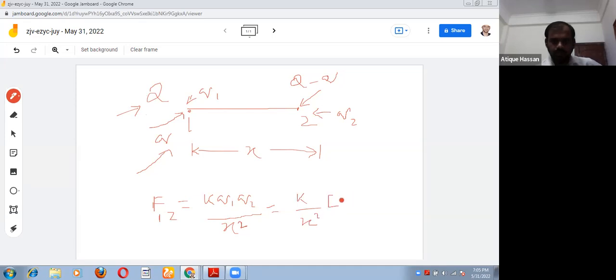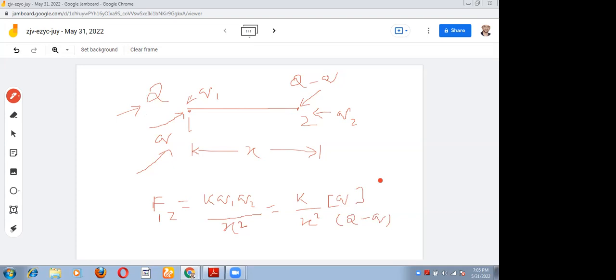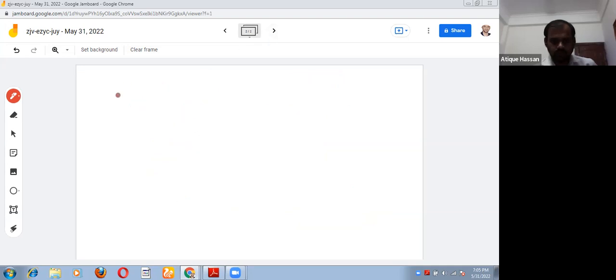I will write the value of q1 as small q and the value of q2 as capital Q minus small q. Got it? Yes. So the value of F12, I will say F, equals k into q into (Q minus q) upon x square.